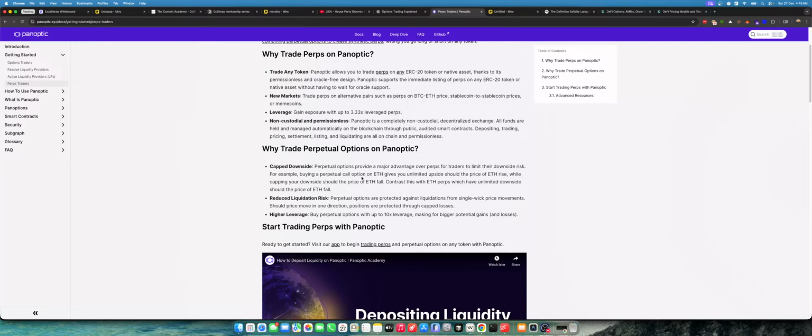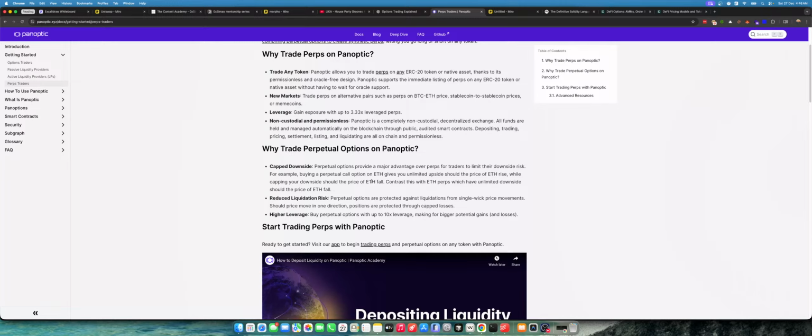Buying a perpetual call on ETH gives you limited upside should the price of ETH rise, while capping the downside.